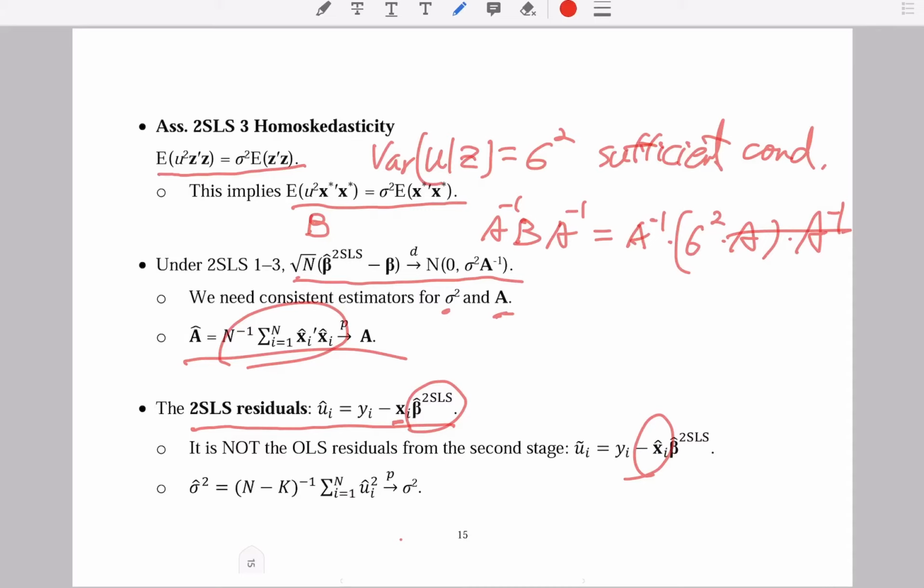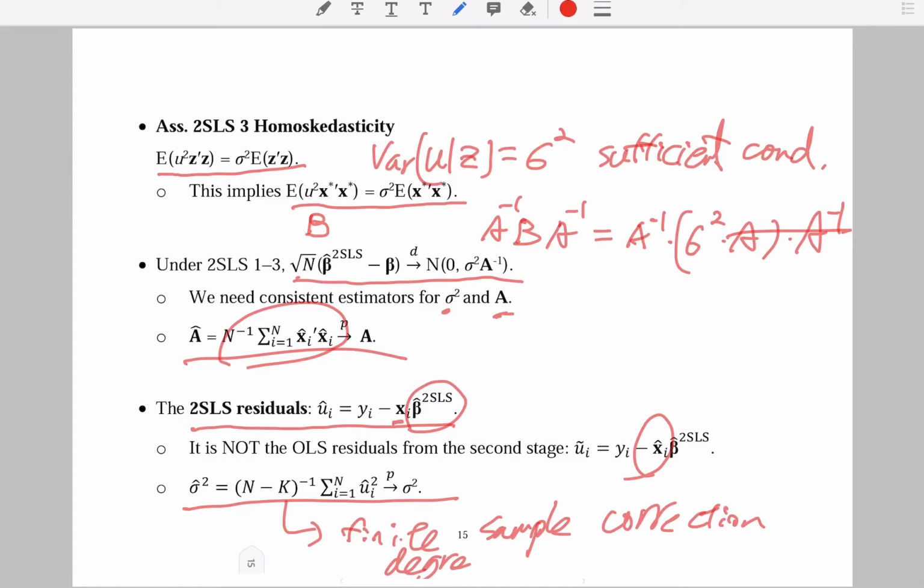Okay, then we can easily estimate sigma square using the same procedure, the same estimate like in the OLS. We just use the two-stage least square residual here, and we can estimate the sigma square. Again, the K here is what we call a finite sample correction or degree of freedom correction.